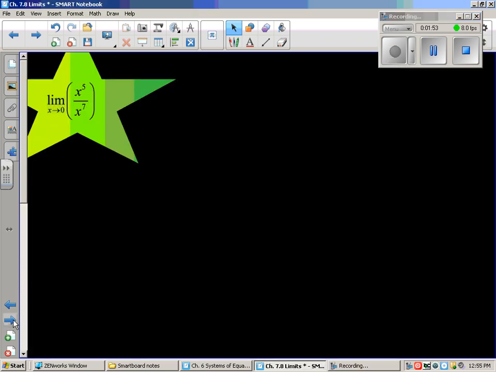So let's do some examples. We have the limit as x approaches 0 of x to the 5th over x to the 7th. Now you plug 0 in there, you'd have 0 to the 5th over 0 to the 7th. So we have 0 over 0. Our approach is going to be like this. You're going to basically rewrite our limit as x approaches 0, but we see that the x to the 5th divides into the x to the 7th, leaving me with 1 over x squared. And then we're going to retry.